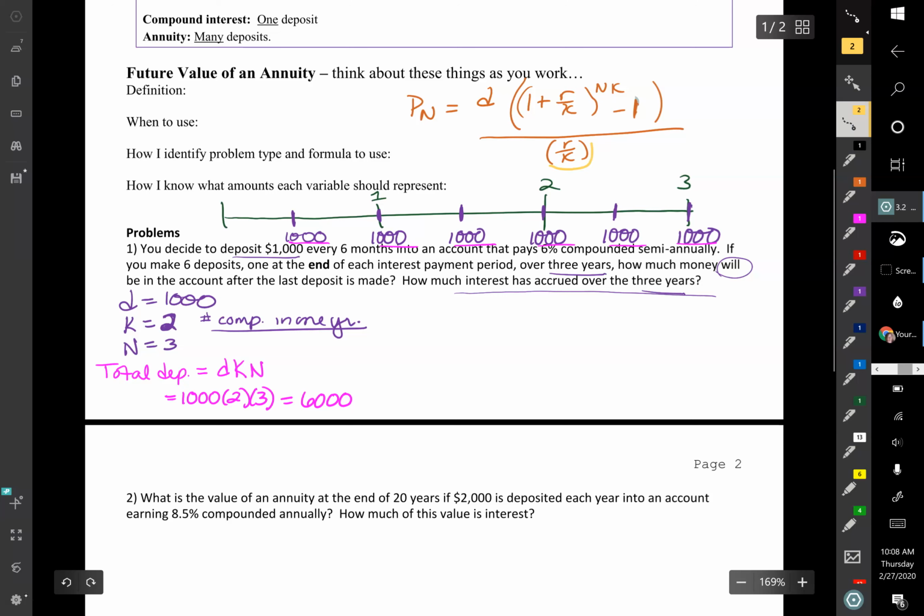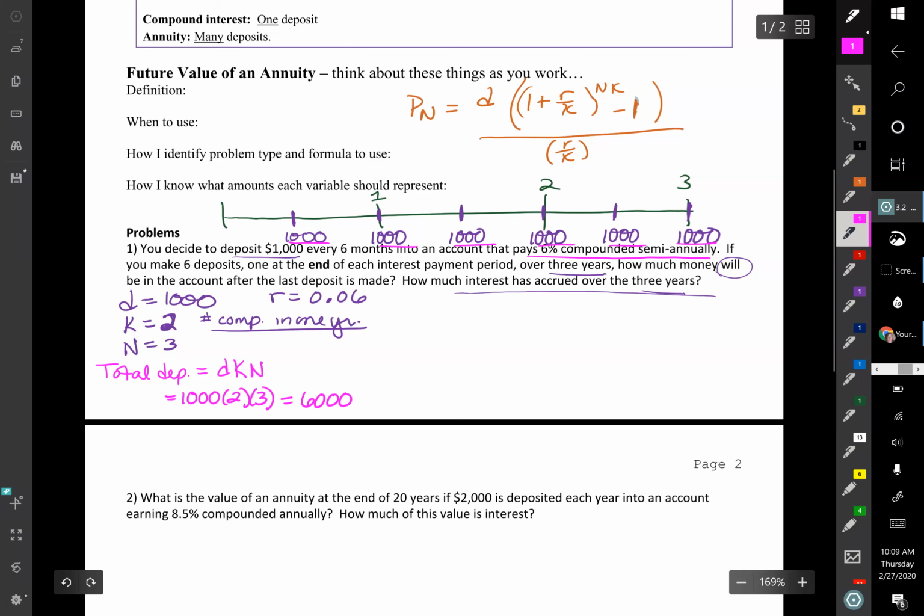Now, R over K represents our periodic rate. So that is going to be every 6 months. How much was our percent? 6% compounded semi-annually. So our R is 0.06.